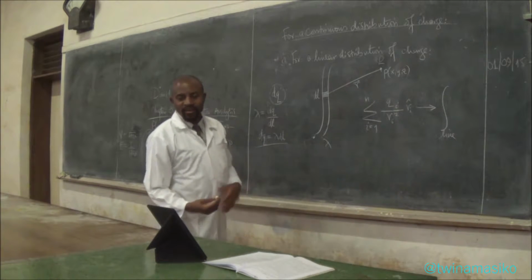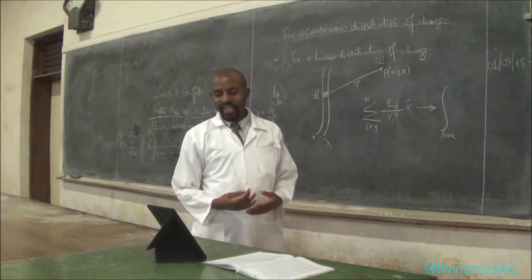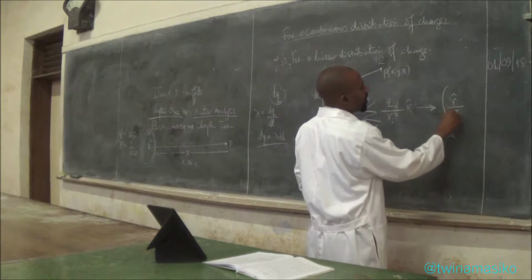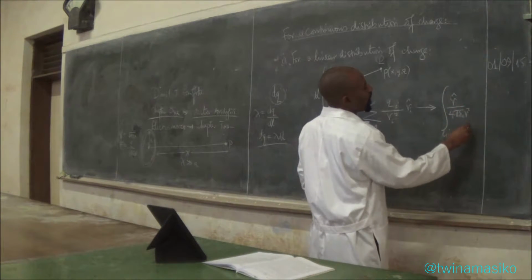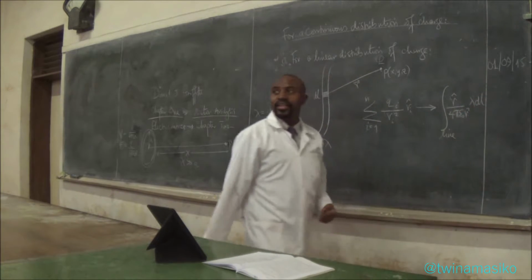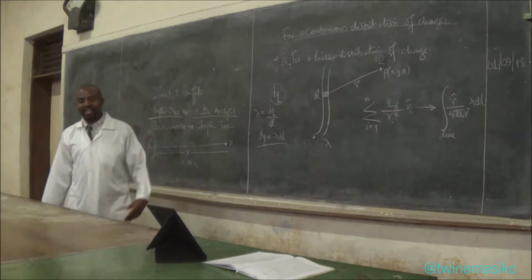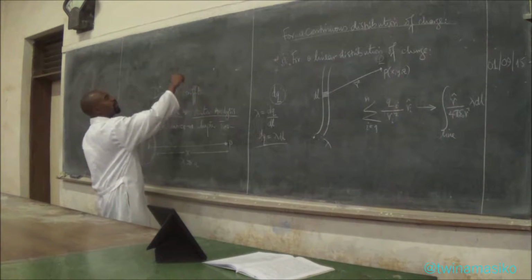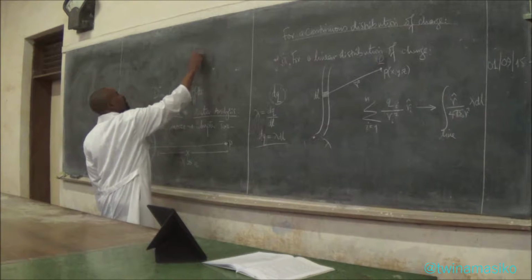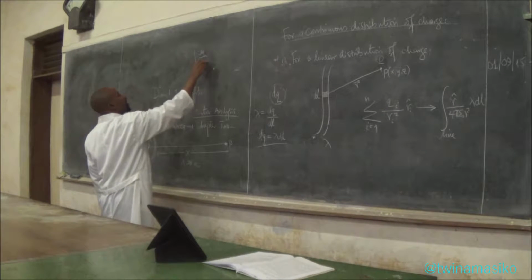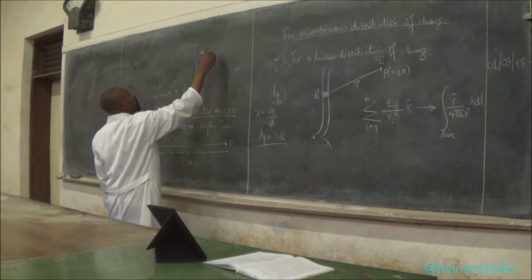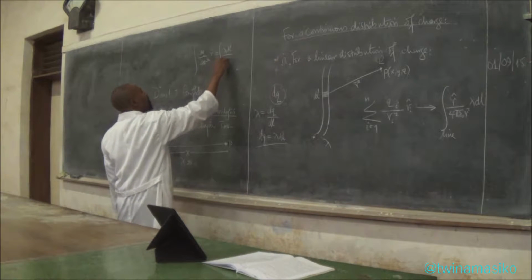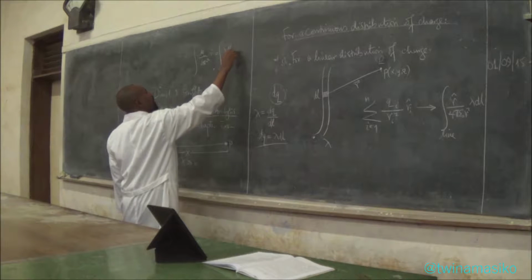I'll just write it in a funny way so that it looks a bit confusing: dE equals dq over 4 pi epsilon naught R squared, R roof, which is equal to lambda dl over 4 pi epsilon naught R squared, R roof.